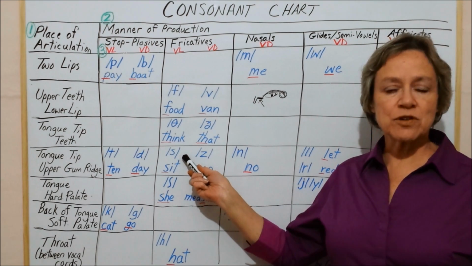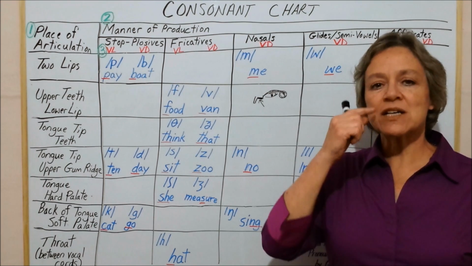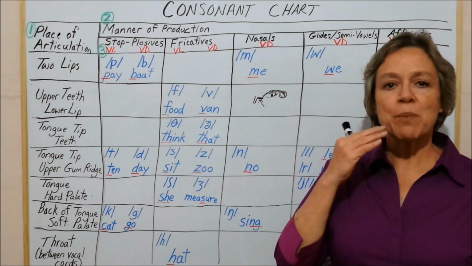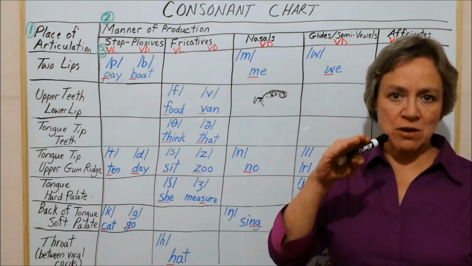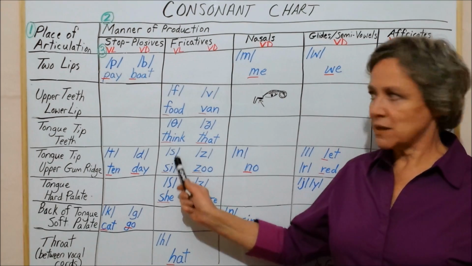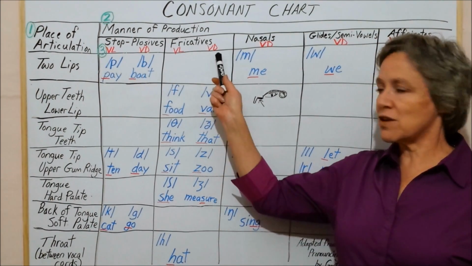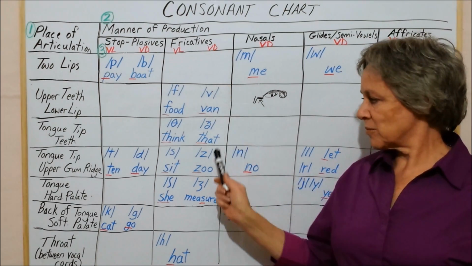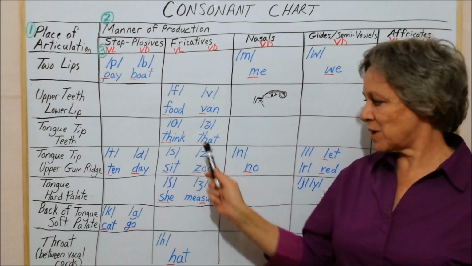So if I make this sound, for example, S, S, the tongue is close to the ridge, but I'm pushing the air out over my tongue. So I'm doing that with both of these sounds. S is the voiceless sound. Z is the voiced sound. Okay, so they're both fricatives, as the other sounds in this column are.